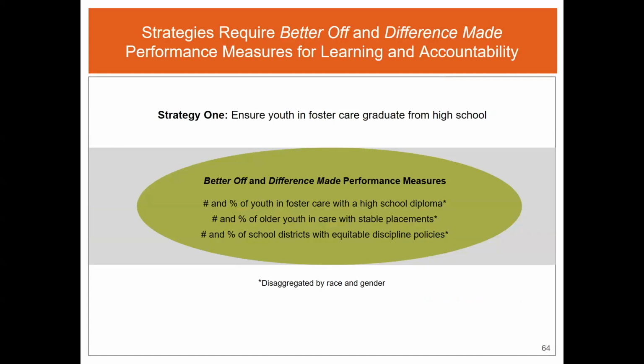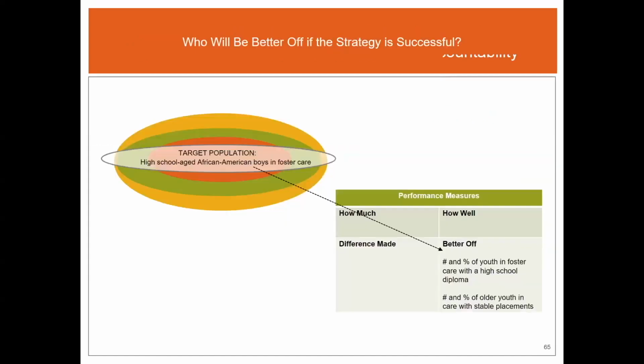You can see that this strategy also has a difference made measure: the folks who did the data-driven analysis and came up with strategies here believe that creating equitable discipline policies in school districts is essential to those things happening, those better off measures being achieved. So just another graphic here.